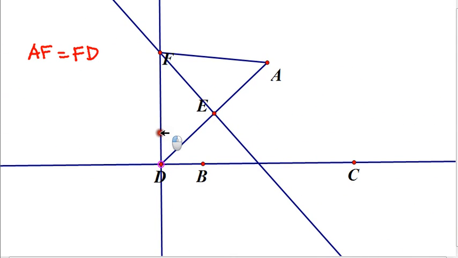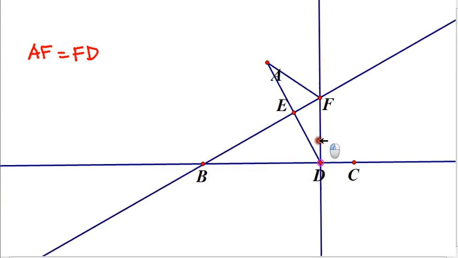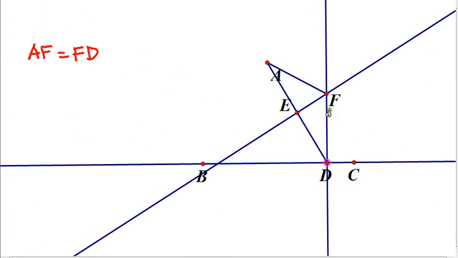AF is equal to FD. Thus F has the property that its distance from A, the focus, is always equal to its perpendicular distance from BC, the directrix. Hence, by definition, the locus of F will be a parabola whose focus is at A and directrix is BC.